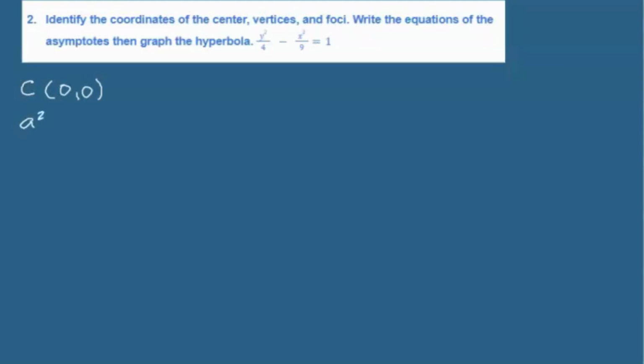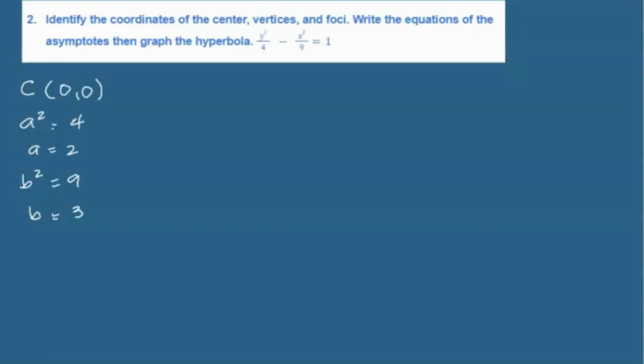As mentioned earlier, our a squared is the one under y, because that's positive. Whichever one is positive, that would be our a. So a is the square root of 4, which is 2. And our b squared is 9, so b is the square root of 9, which is 3.